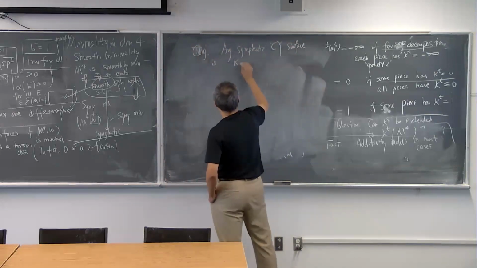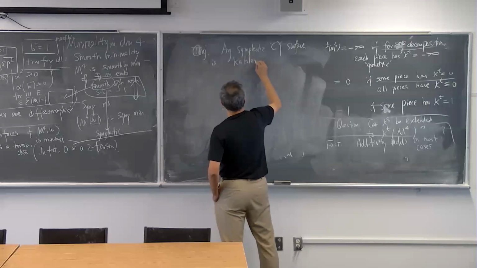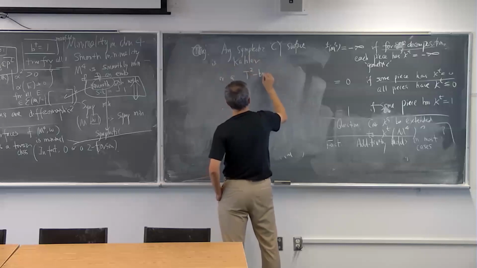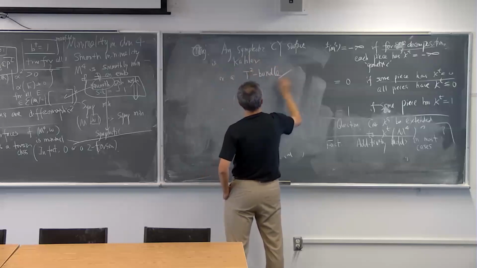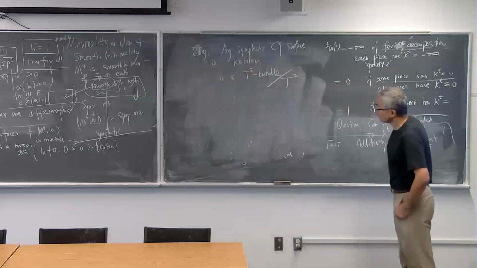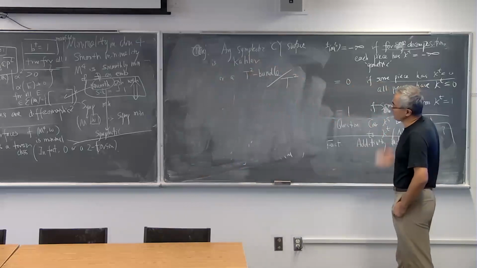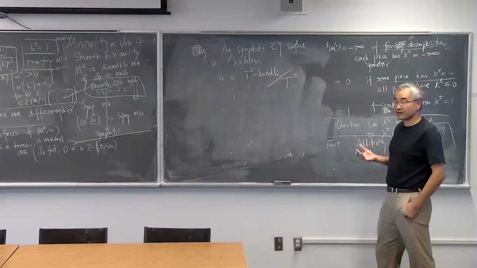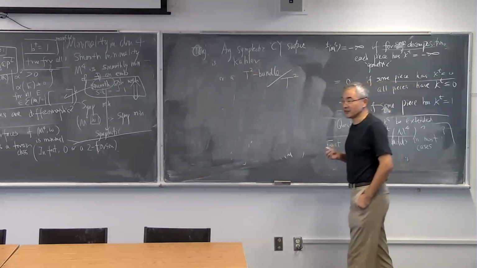So all the minimal symplectic 4-manifolds with Kodaira dimension 0 are either a Kähler Calabi-Yau surface or a T2 bundle over T2.